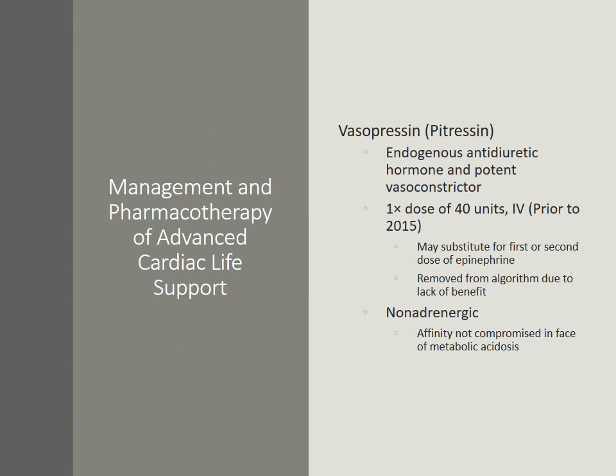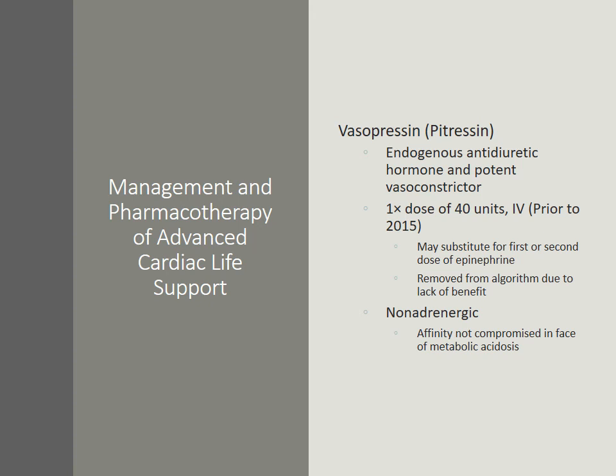Vasopressin. Vasopressin is also known as an antidiuretic hormone. It is an endogenous hormone that acts as a potent vasoconstrictor. Before 2015, vasopressin was administered as a one-time IV dose of 40 units.